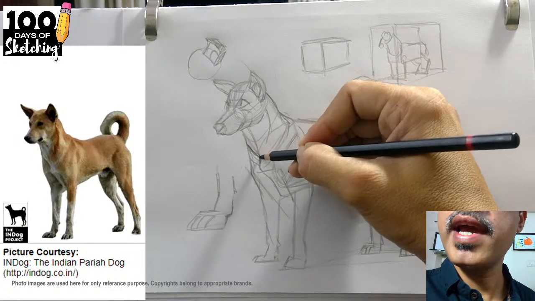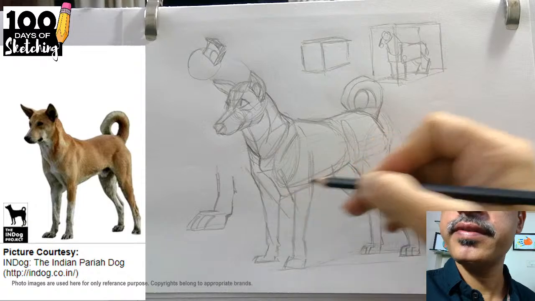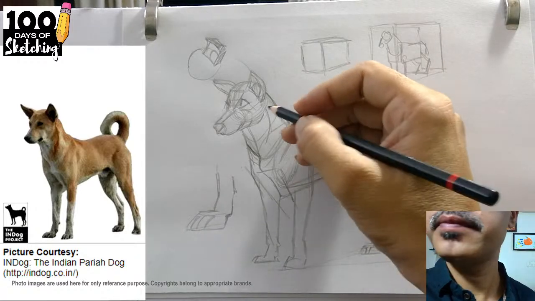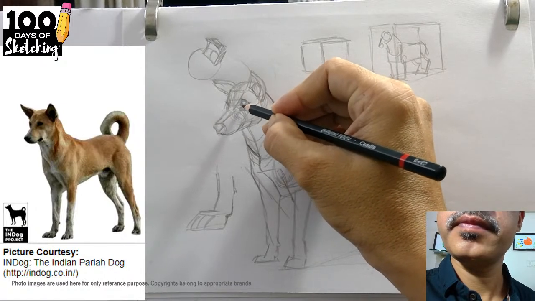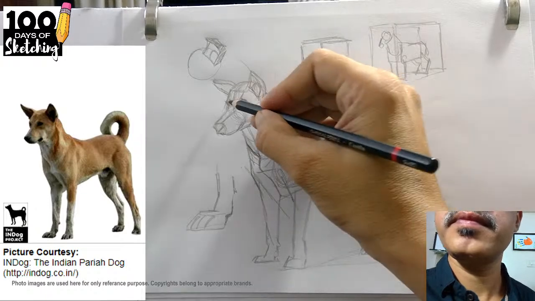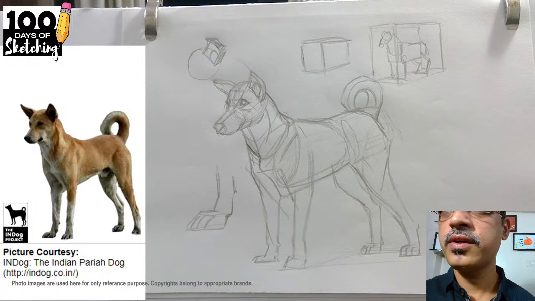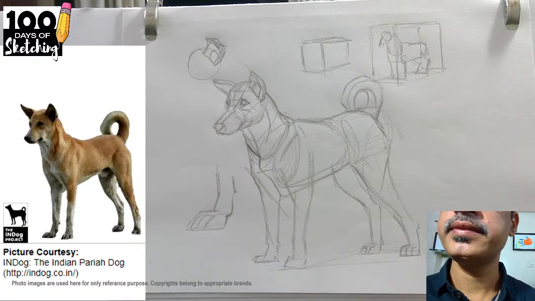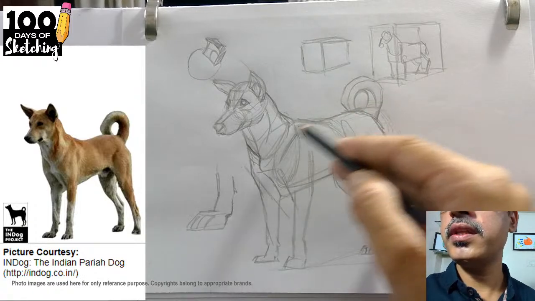So these are some of the lines which are very important to define his body structure. Yes, I guess the basic structure we followed rightly. I'm just cross-checking the angles.